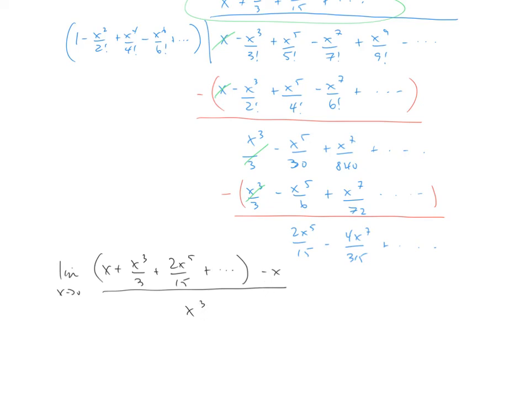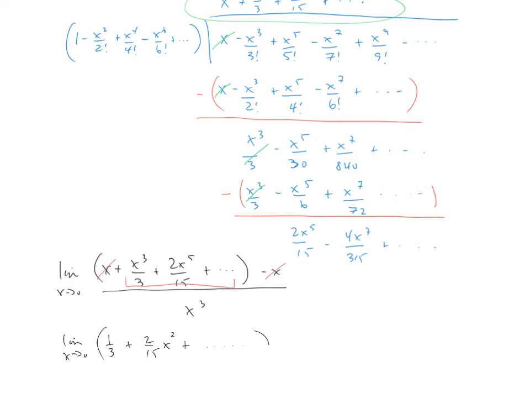All right, so let's see what happens now. Well, it looks like the x and the negative x go away. So really we just have this stuff in here that's left over. I'll go ahead and I'll take the x cubed and divide up into those terms. And in this case, it looks like we were safe in only going out as far as we did, because that's going to be a 1/3 plus 2/15 x squared plus a bunch of other stuff.